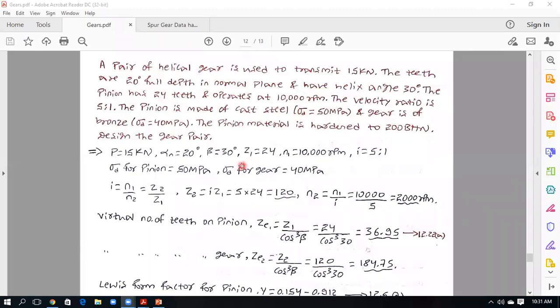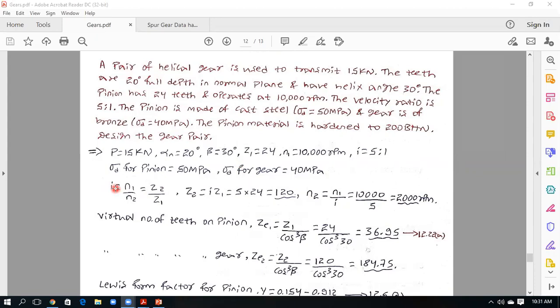After getting that, next, you need to calculate the number of teeth. In the gear, pinion is given, gear is not given. You need to find out that. Which formula will you be using? See the gear ratio formula.